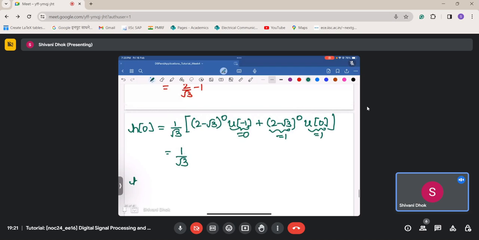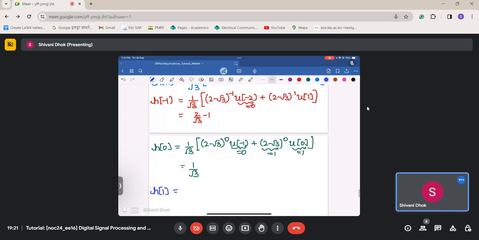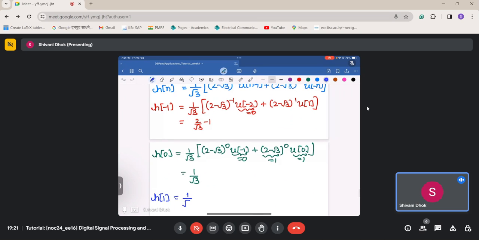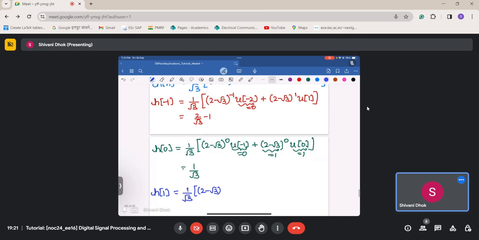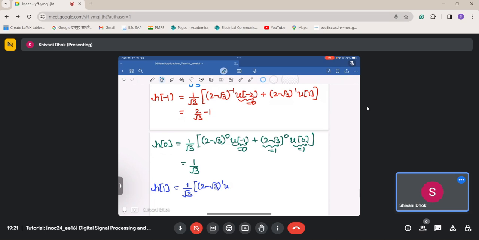And h of 1 will be equal to 1 by root 3 into (2 minus root 3) to the power 1 into u of 0 plus (2 minus root 3) to the power minus 1 into u of minus 1.